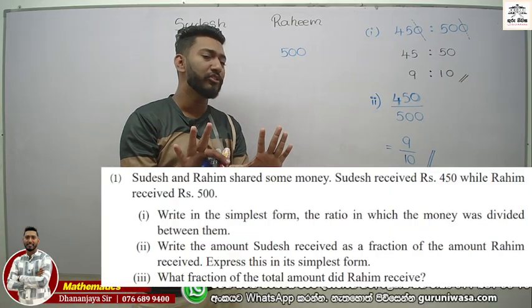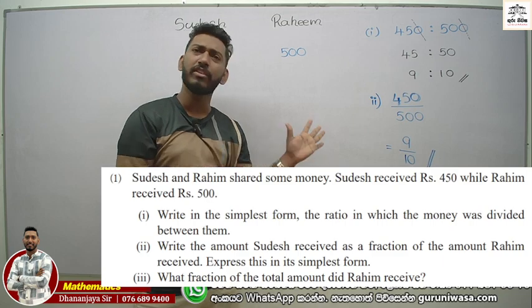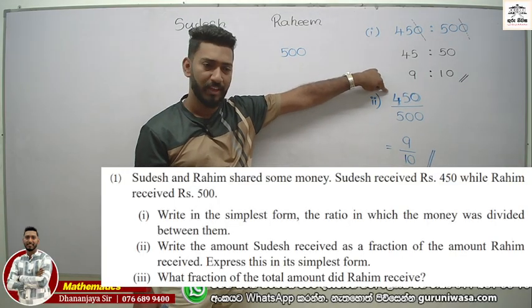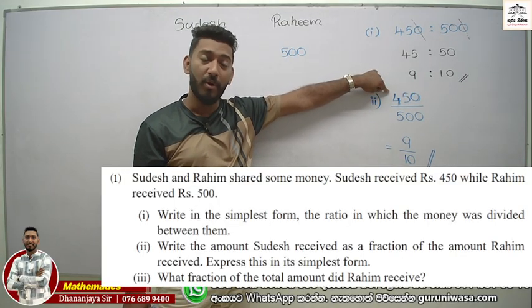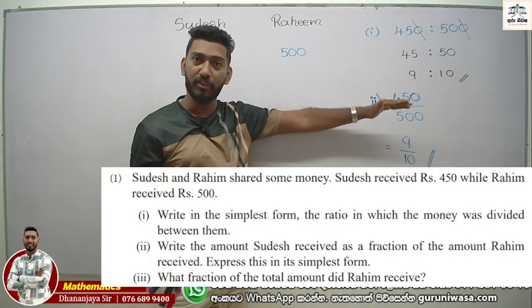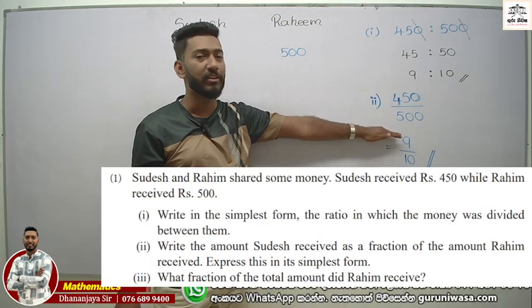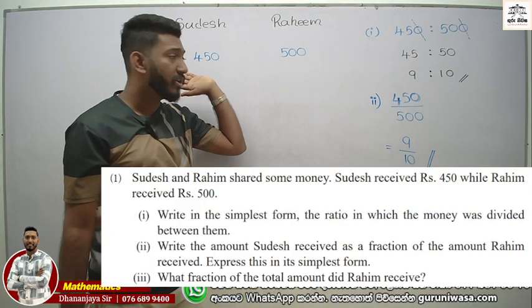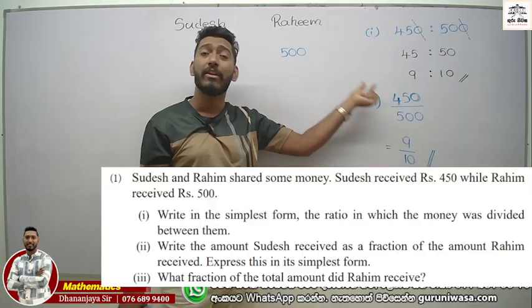Write the amount Sudesh received. 450 rupees. As a fraction of the amount Rahim received. Therefore, 450 is what Sudesh received and 500 rupees is what Rahim received.